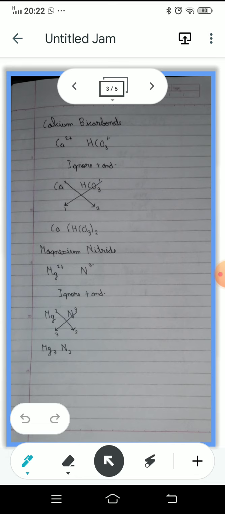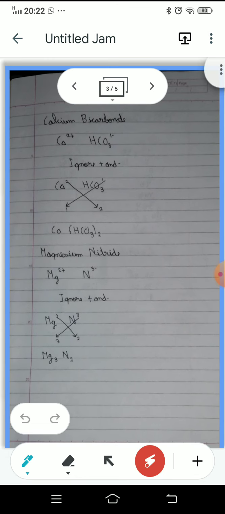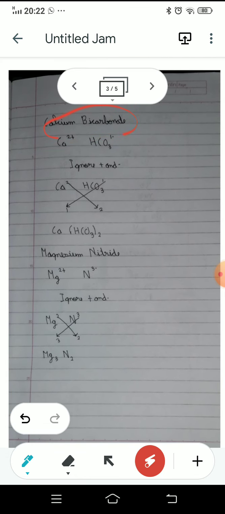Now see, calcium bicarbonate, friends. The symbol of calcium is Ca 2 plus, bicarbonate HCO3 1 minus. Always remember, while writing the formula of bicarbonate, don't write H2. If you write H2, it will become carbonic acid.